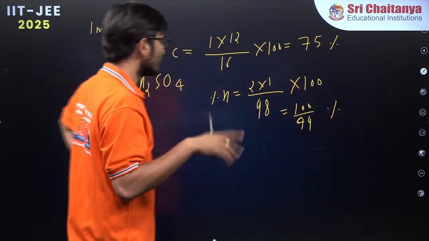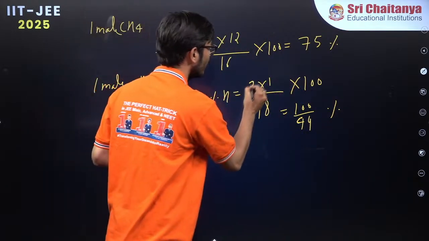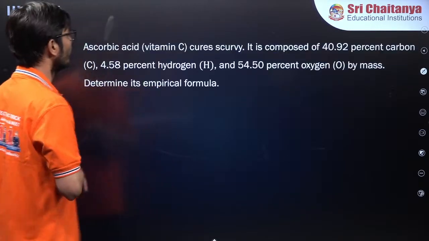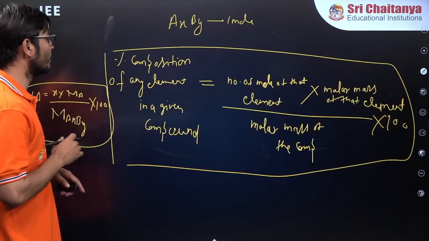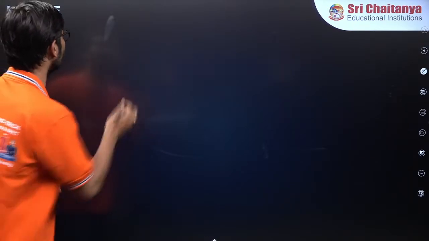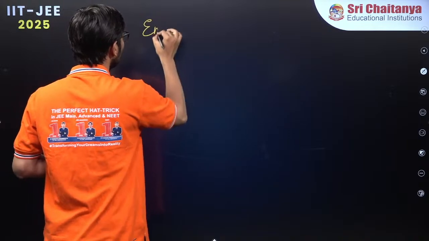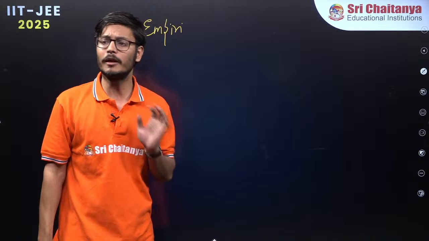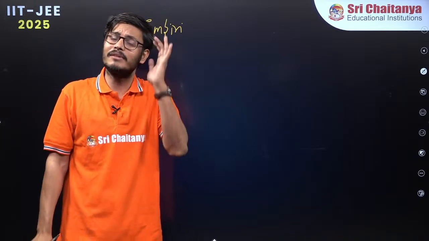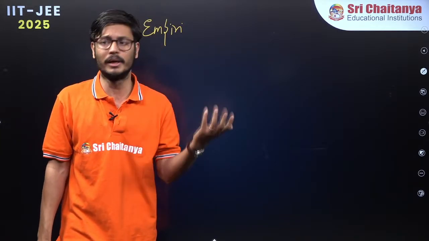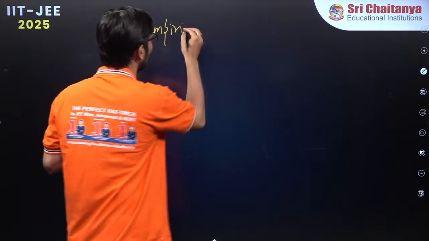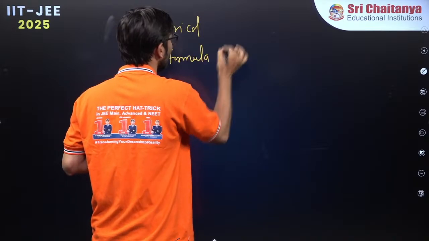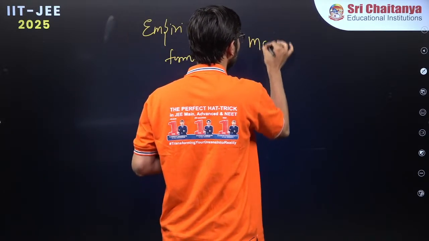Now, once we have understood percentage composition, with its help we are going to derive something called the empirical formula. There are 2 terms, empirical formula and molecular formula.